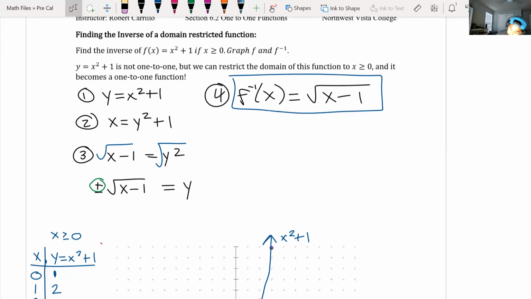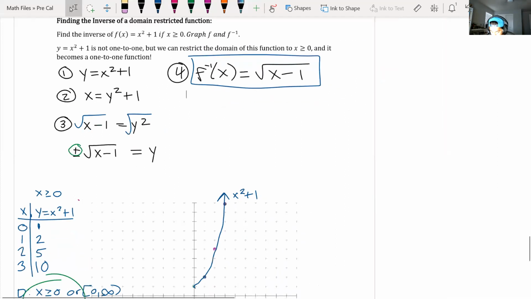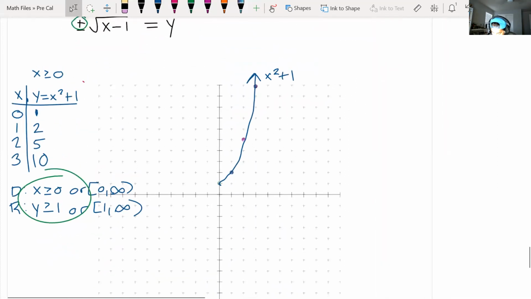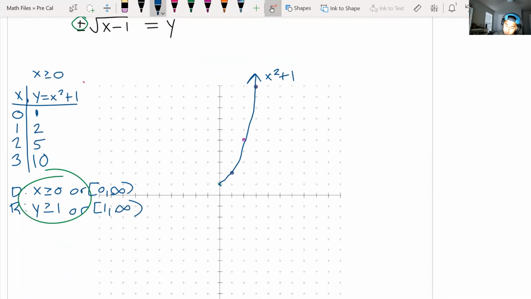Okay, which means we can move on to graphing it. I have x and y equals the square root of x minus 1. Do I have to pick new numbers?